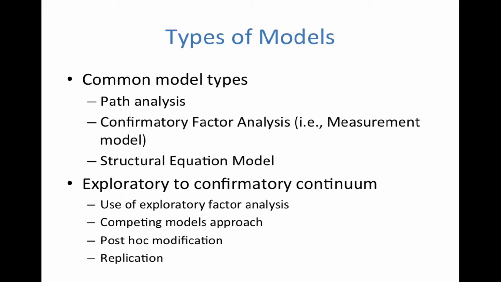We can also distinguish between a few different types of models. Path analysis is where we have an outcome variable or more than one outcome variable, but we have no latent variables. So we've just got observed variables that you put in your model. So these might be you put in your observed total score for job satisfaction, your observed score for personality.